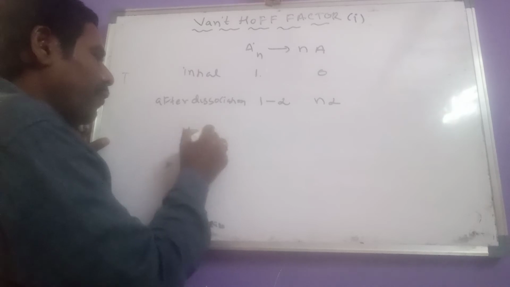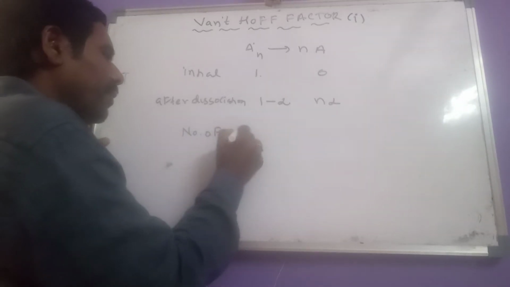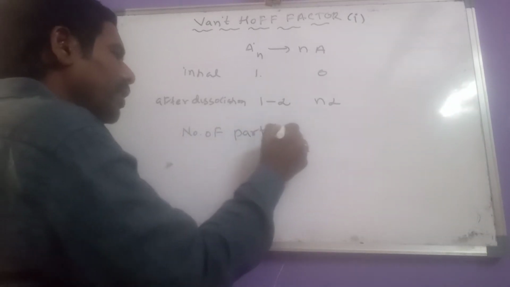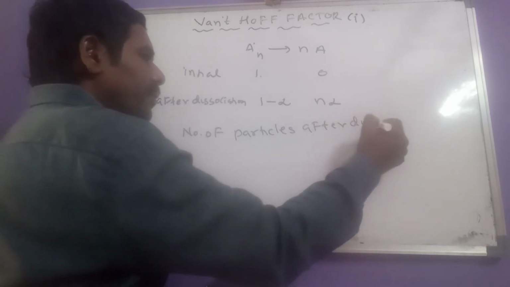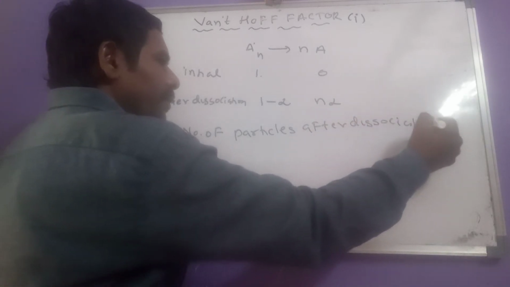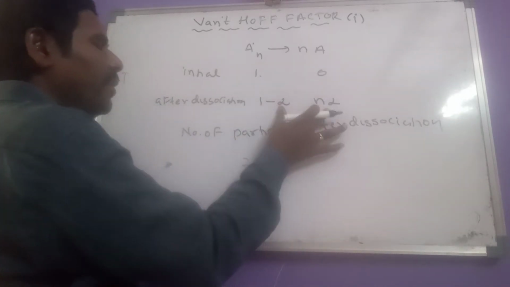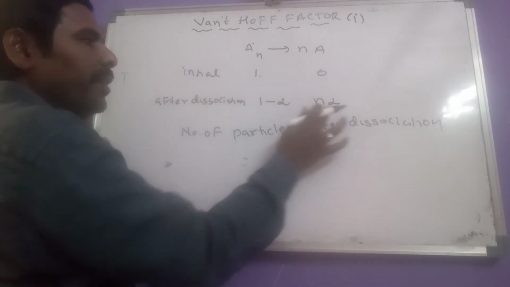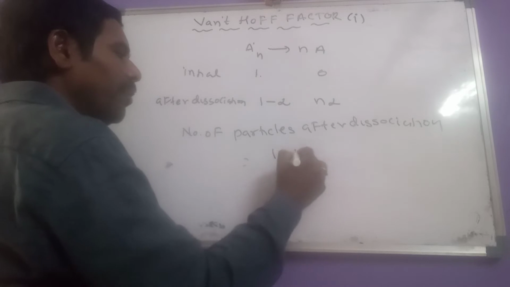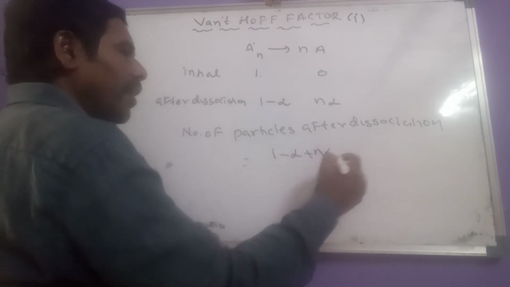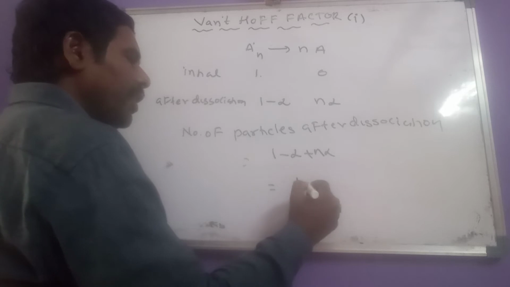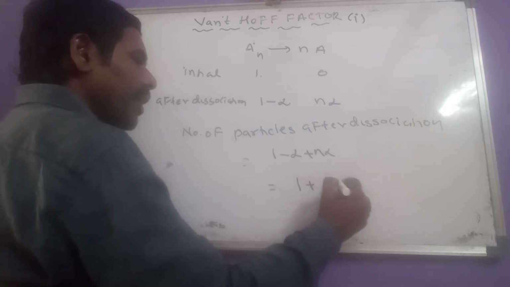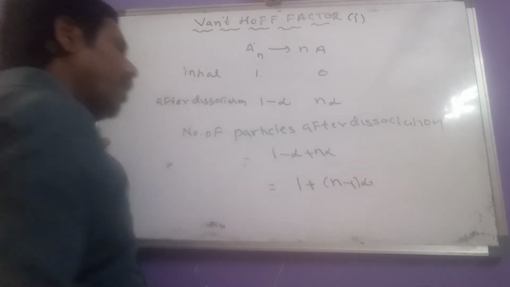So the number of particles after dissociation: we have to add these two, because these are remaining and these are newly formed. 1 minus alpha plus N alpha, what can we get here? 1 plus N minus 1 into alpha.